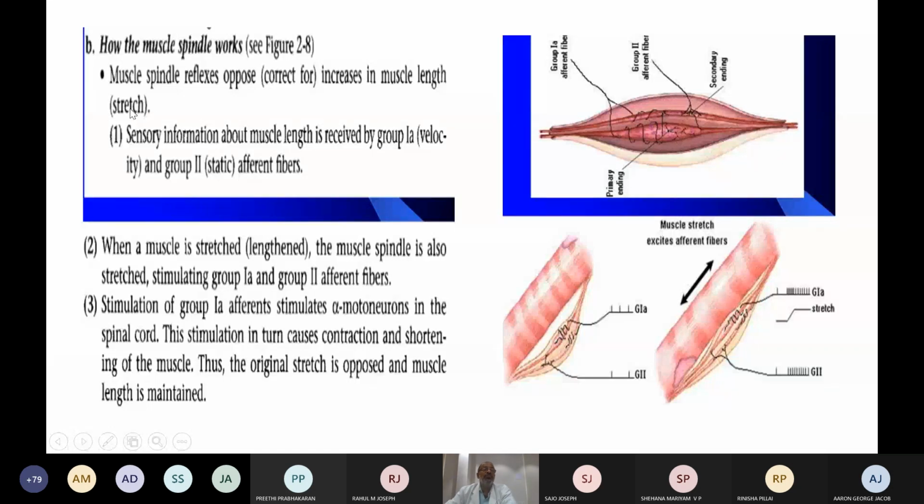So how does it work? Sensory information about the muscle length is received by group 1A and group 2 afferent fibers. When the muscle is stretched, the muscle spindle is stretched, stimulating group 1A and group 2 afferent fibers. Stimulation of group 1A afferents stimulates alpha motor neurons in the spinal cord, which in turn causes contraction and shortening of the muscles. The original stretch is opposed and muscle length is maintained.